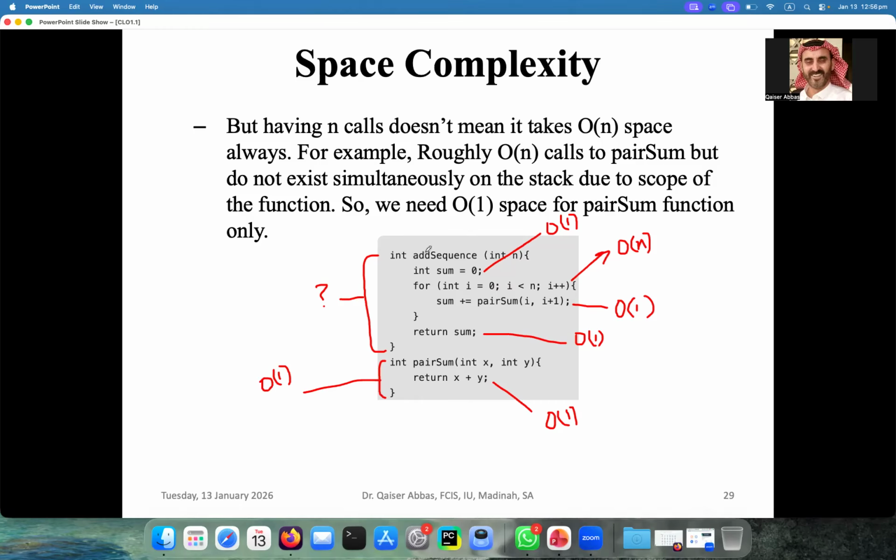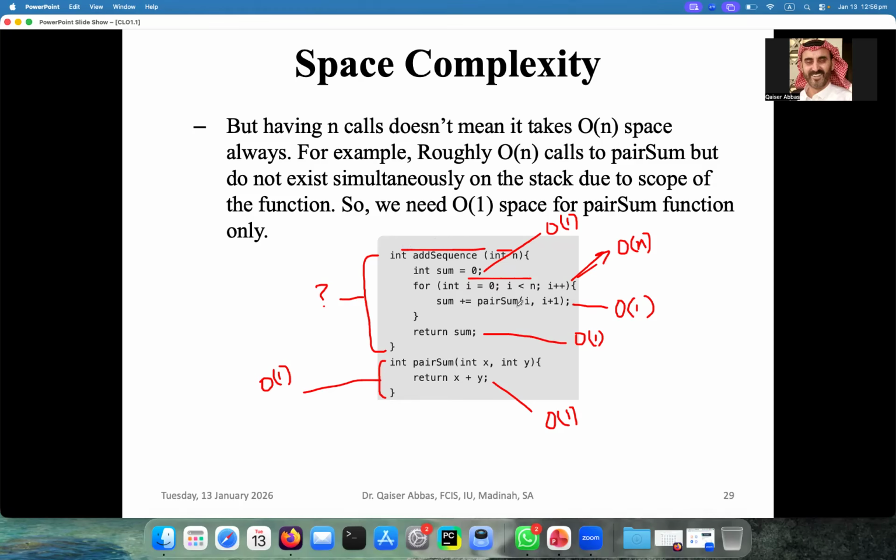For example, here in this code, int add sequence, int n is the parameter, sum is 0, and then we have a loop, i is equal to 0, i less than n, which is executing n times, okay? I have mentioned it as n time. And this statement, int sum is equal to 0, is order of 1. This definition is also order of 1, but I didn't mention it because there's no need to; it is always order of 1.